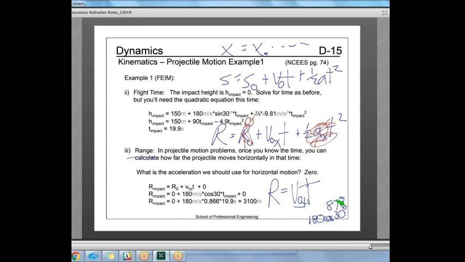It's proportional to the time it takes. So our V naught x is 180 cosine 30, which is 87% of 180, which is about 157 or something like that. So V naught x times time means we'll take that 180 cosine 30 and multiply it by 20 seconds, and we get about 3,100 meters.